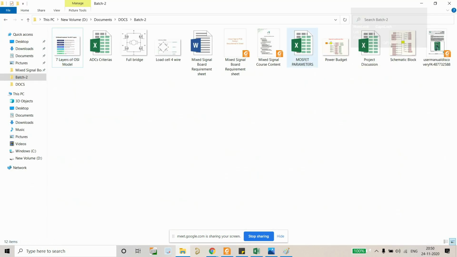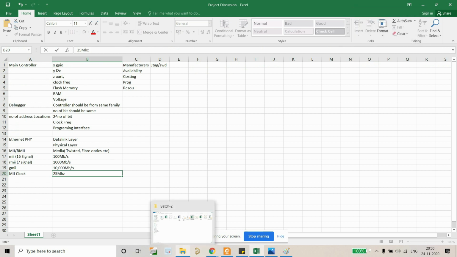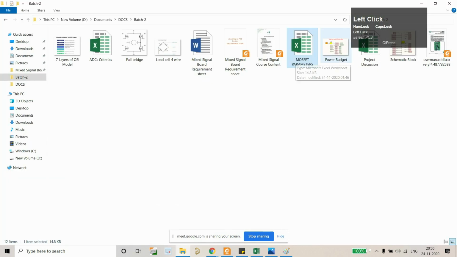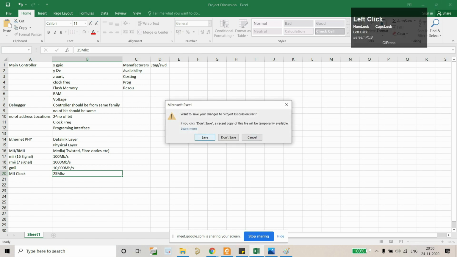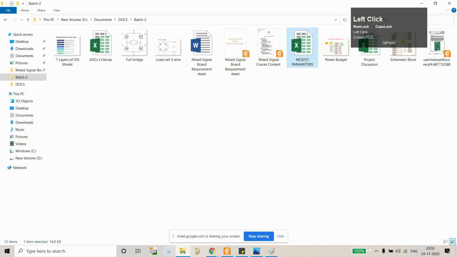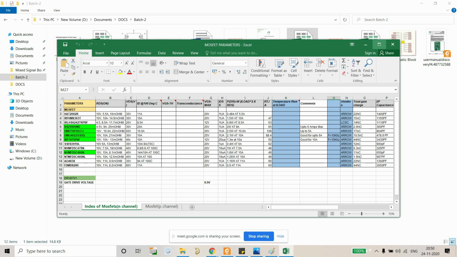I have this Excel sheet of MOSFETs. I can show you. I think I have to close this one. Yeah.